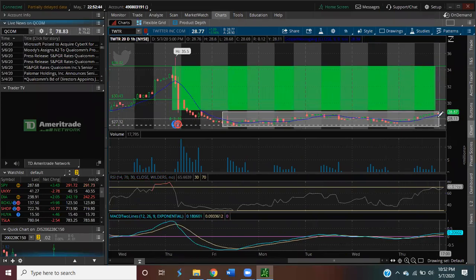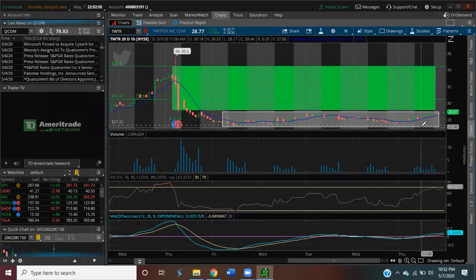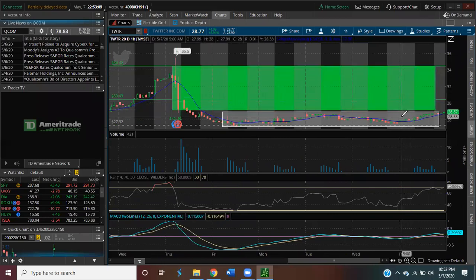Let's just say from 29 to 34, that's about $5 worth of profit. And then we're gonna risk if it breaks below 27.32. So $1 of risk against $5 of reward. A 5-to-1 ratio.